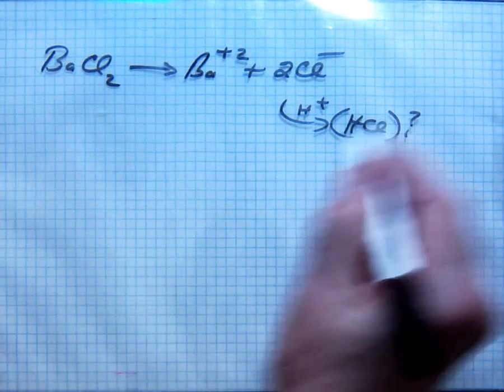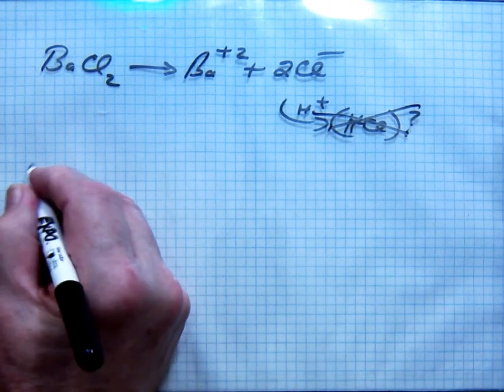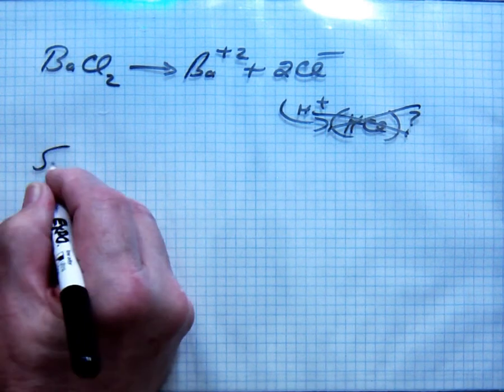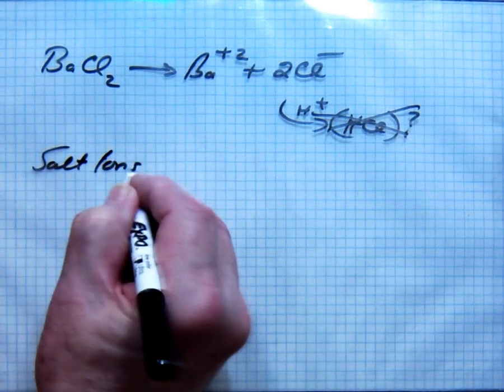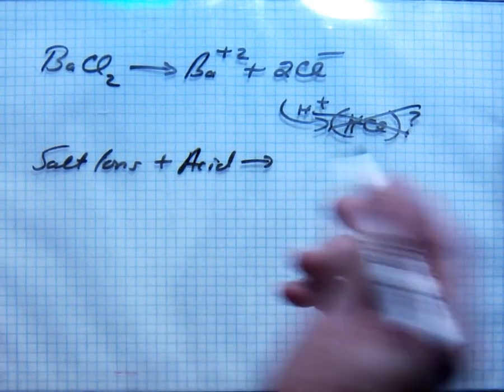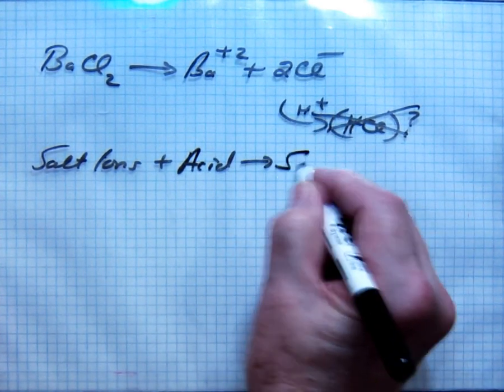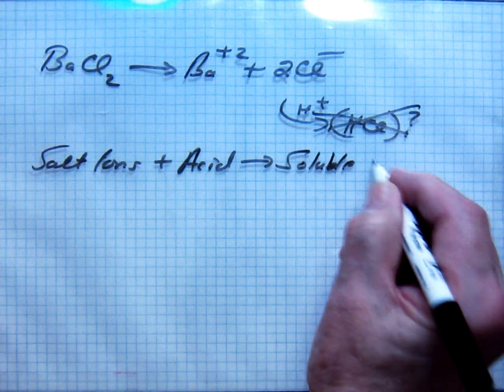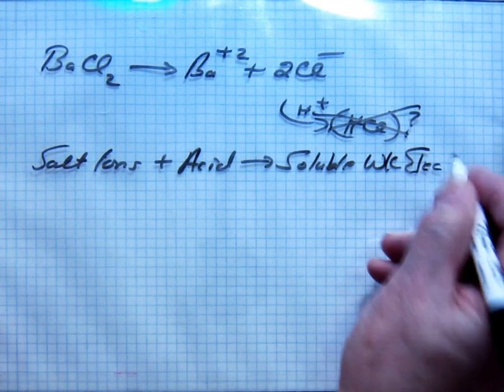So the rule is salt ions plus acid must react to yield a soluble weak electrolyte.